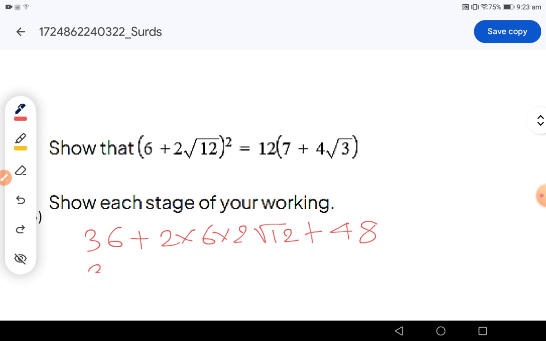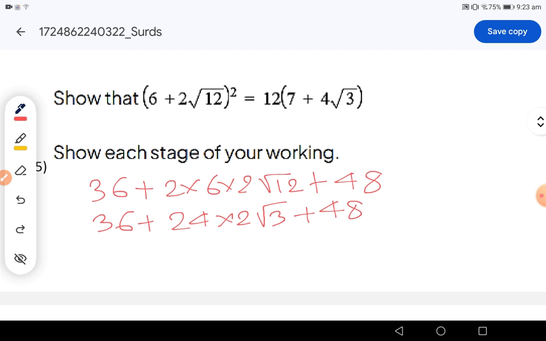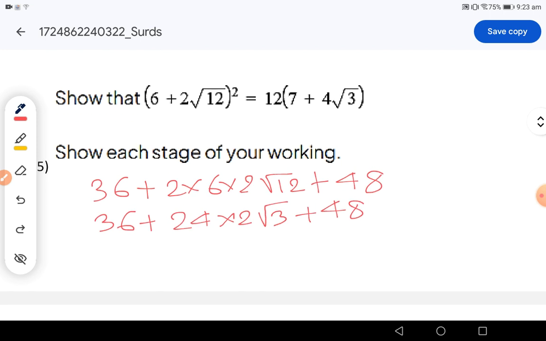So 36 plus 6 into 2, 12, 12 into 2, 24, and root 12 can be written as 4 into 3, so 2 root 3, plus 48. So 36 plus 4 times 2, 8, 2 times 2, 4, 48, and root 3 plus 48.